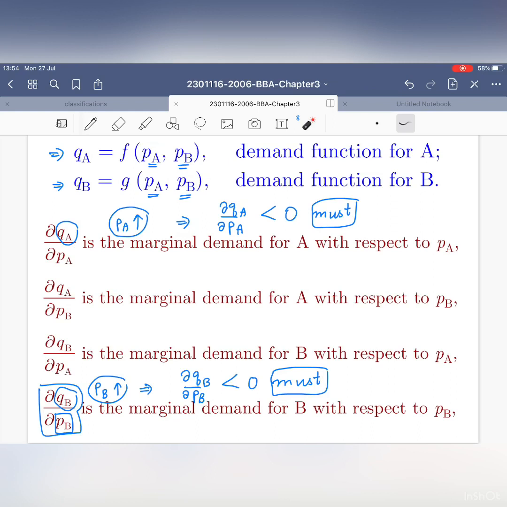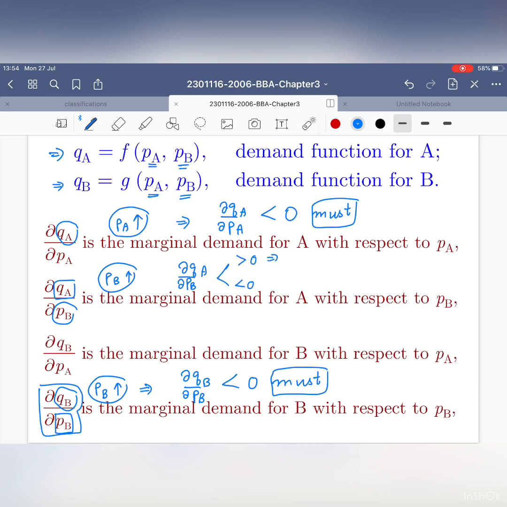However, if the price B is going up, what happens to the demand of A? The rate of change of the demand of A with respect to the price B may be positive or negative.